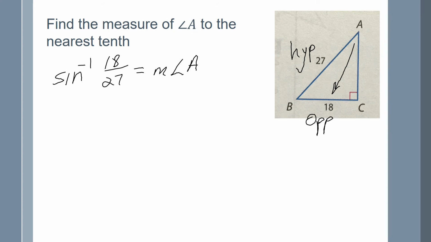So the measure of angle A is approximately 41.8. All right, label your parts. That's going to help. So you'll notice how I set this up. Take the time. You're going to have to figure your calculator out.